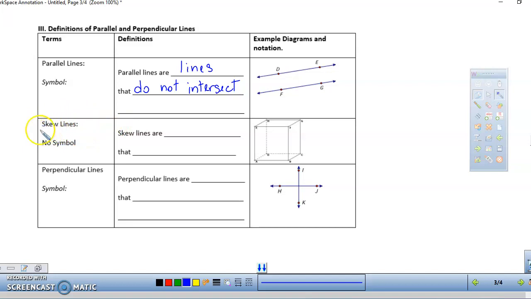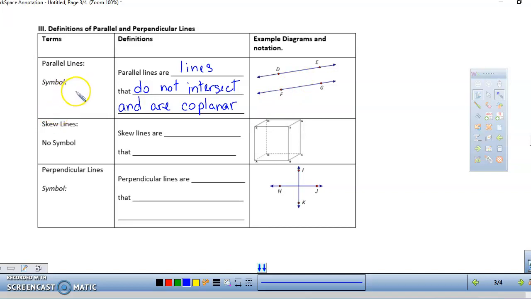Skew lines also do not intersect. So we do have to be more specific than just say do not intersect. So to differentiate from skew lines, they do not intersect and are coplanar. So parallel lines are always going to be in the same plane. Whenever you have parallel lines, you can always set a flat surface on those parallel lines to make a plane.